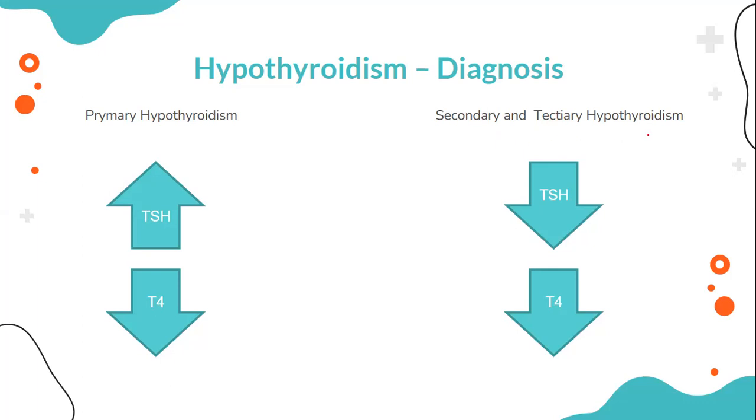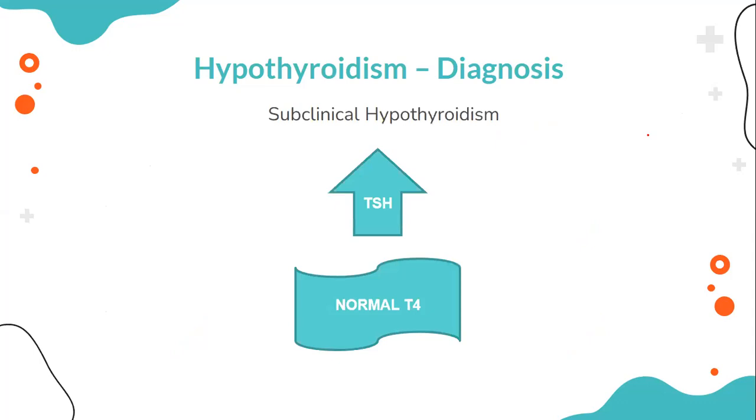And there's a variant here, the subclinical hypothyroidism, right? In which the TSH is actually higher than usual and the T4 is in normal ranges, okay? This normal concentration of T4 is why we do not have some classical clinical features, right?